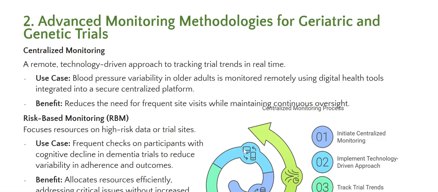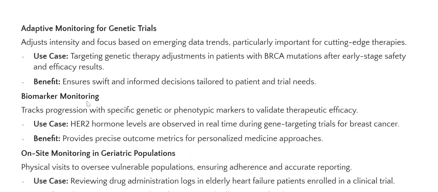And here's a summarized diagram on the centralized monitoring process: initiate centralized monitoring, implement a technology-driven approach, track trial trends, and then real-time data analysis. Continuing with the advanced monitoring methodologies, adaptive monitoring for genetic trials adjusts and modifies intensity and focus based on emerging data trends, particularly important for cutting-edge therapies.